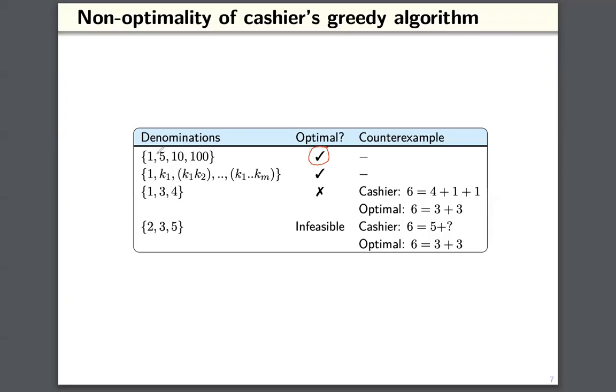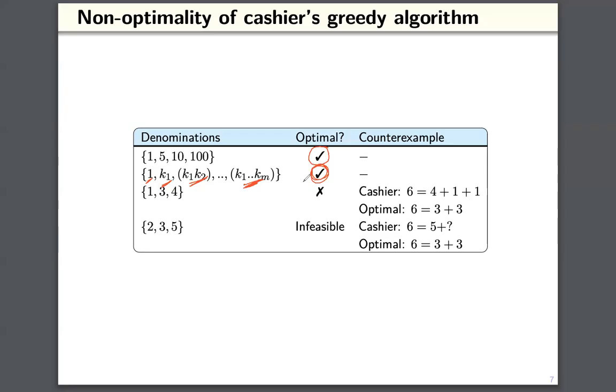In fact, if your coin denominations are 1, K1, K1 times K2, K1 times K2 times K3, and so on up till K1 times K2 times and so on up till Km, then there are m plus 1 coin denominations. Then you will also get an optimal algorithm. It will definitely lead to min coins.